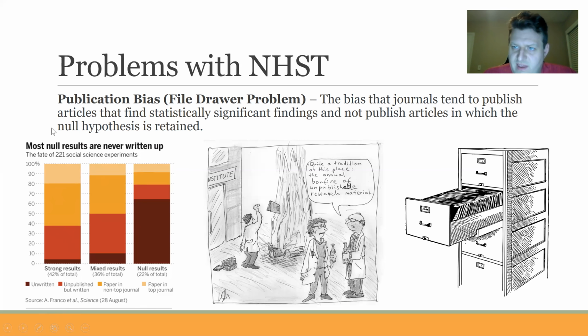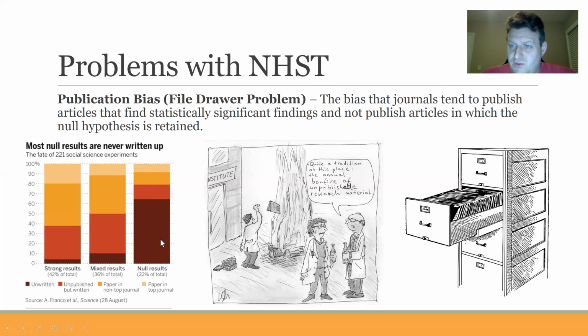If we find a significant difference, if we reject the null hypothesis, it's very likely that we write up the paper and then we try to publish it. If we don't find any significant differences, we are more likely to not write that up. And even when we do try to publish these results, many times they're going to be rejected. Many times they're not likely to see the light of day.